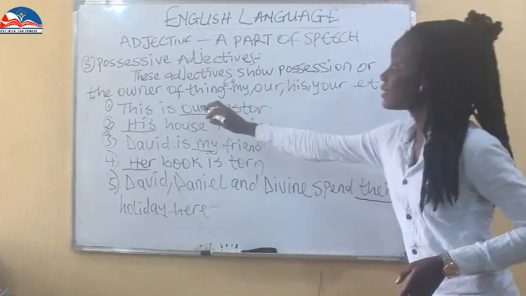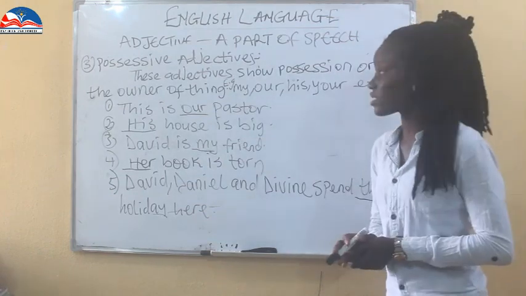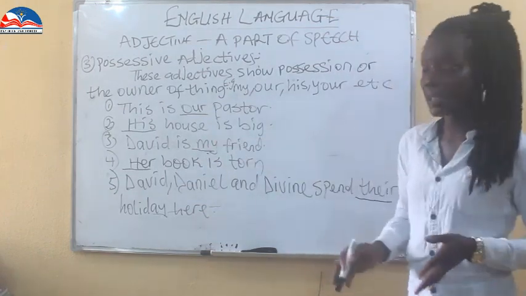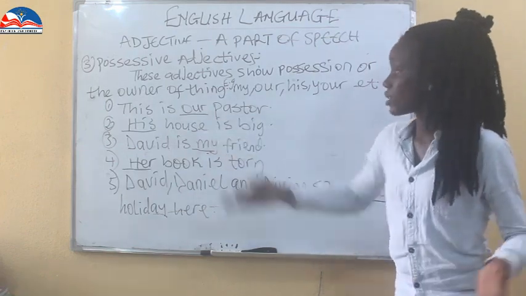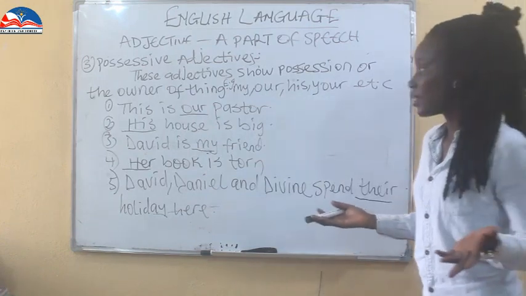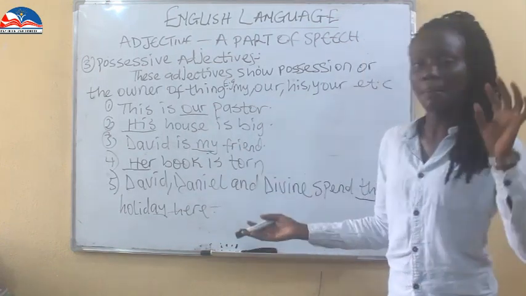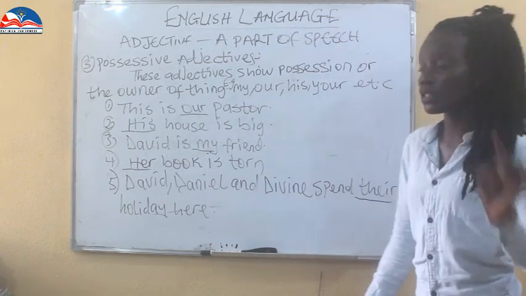We have, this is our pastor. Our is what? Possessive adjective. His house is big. His is what? The possessive adjective, because it shows possession. David is my friend. My is the possessive adjective. Our book is torn.